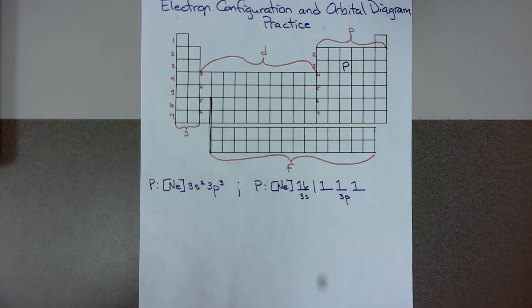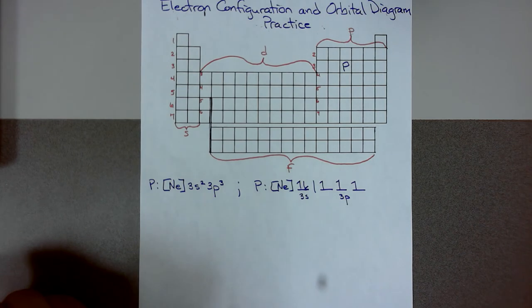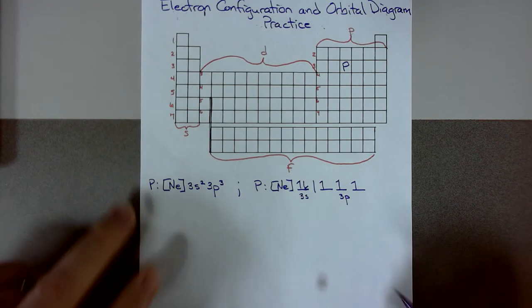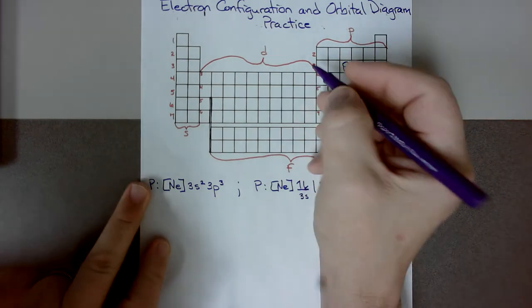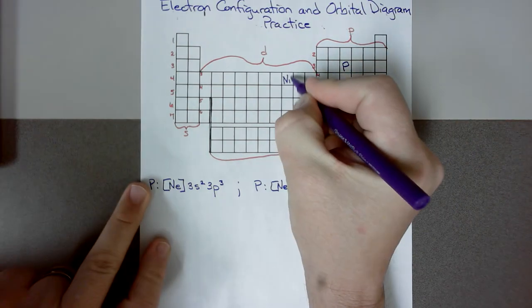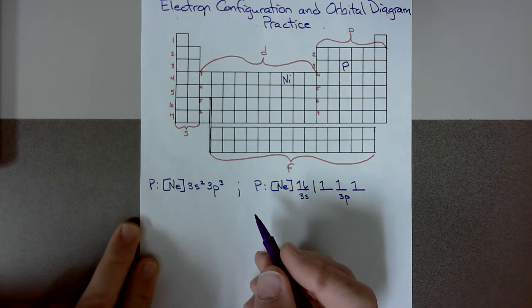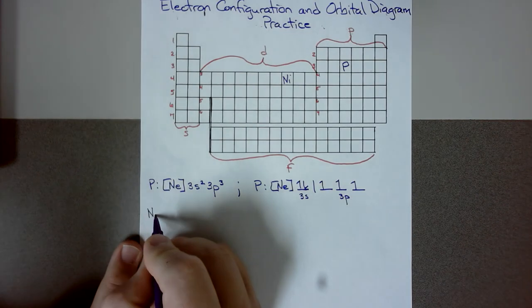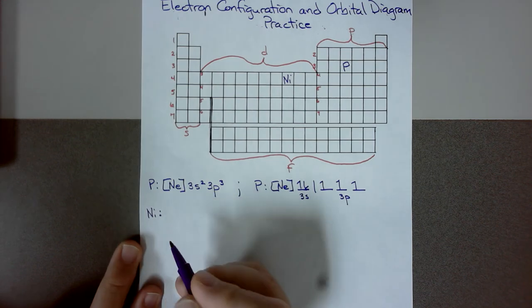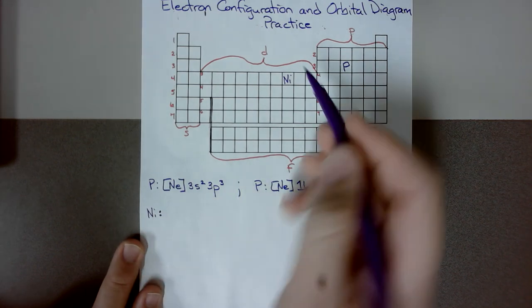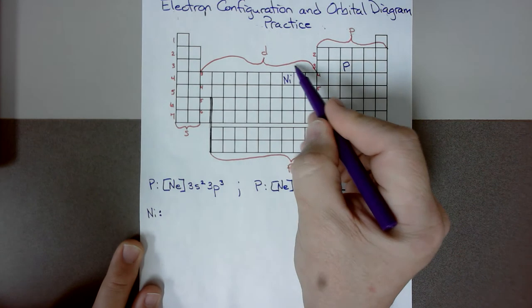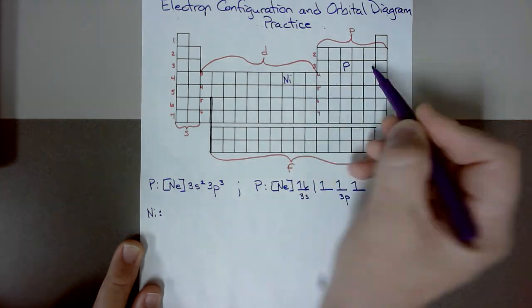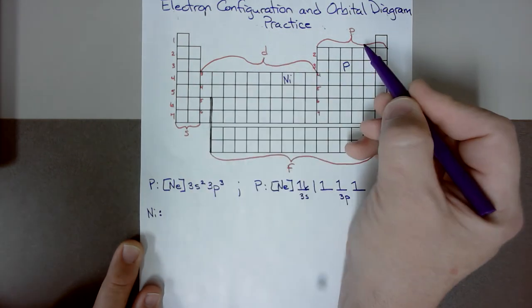So let's choose another one. It's a little bit different. Let's try nickel, and we can find nickel right here. So again, I'm going to start with the element, so you know what I'm looking at. And nickel, if I go up and over, we know that these 3 levels up here are completely filled.